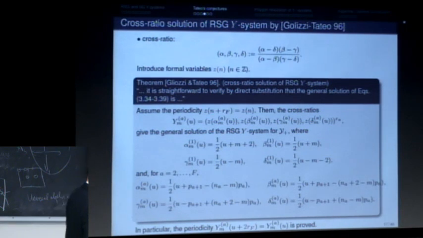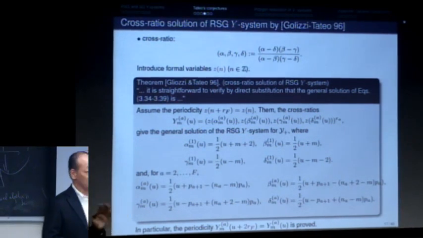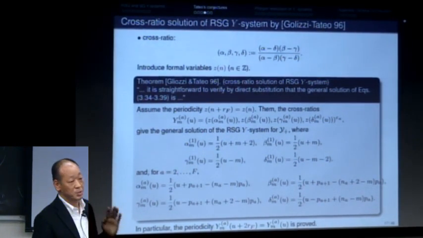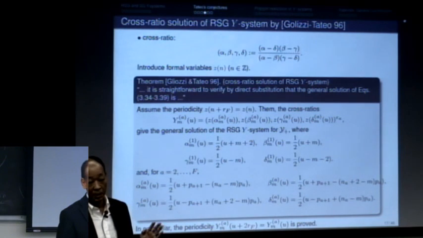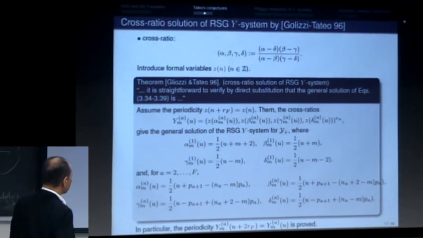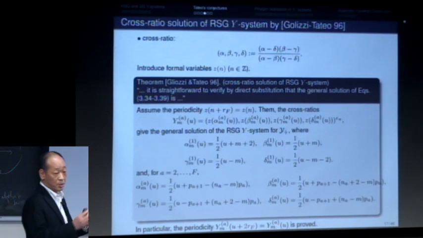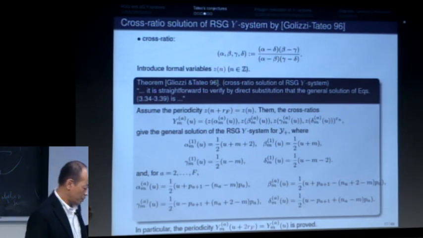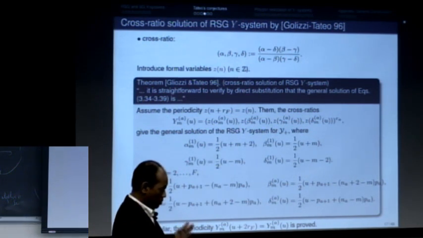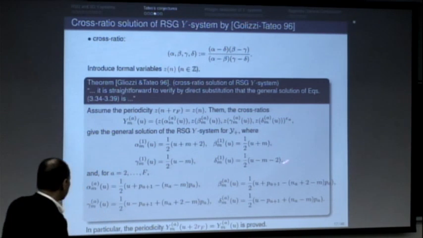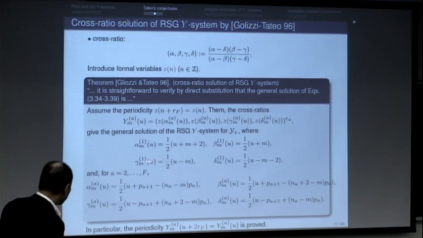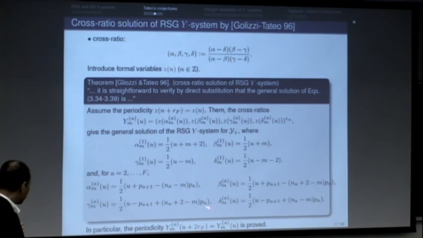Well, how did they reach this solution? I think I can explain it. First of all, their target is not this Y system, but a simpler one, the type A case. Now we know that this type A is related to these polygons, and that this is described by this cross ratio. That was their first obvious explicit solution of a Y system. Since this RSG Y system is a generalization of type A, they tried to extend this to others.